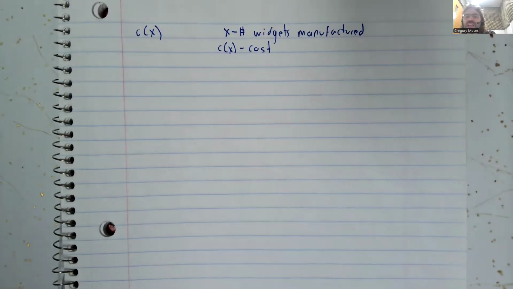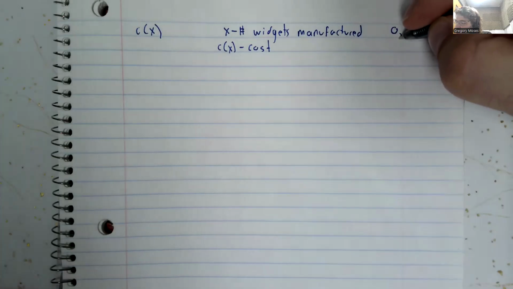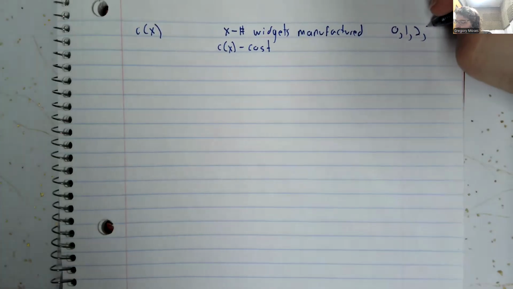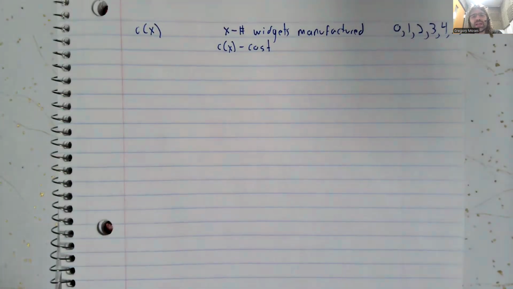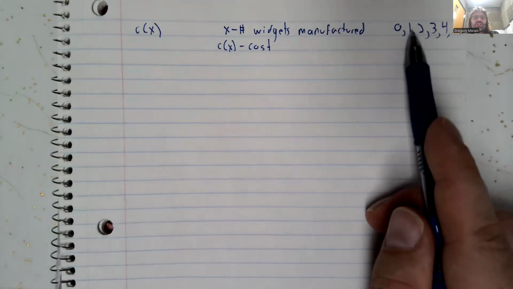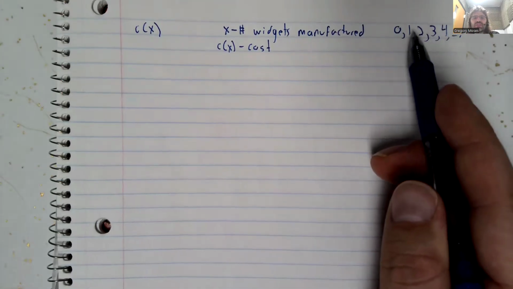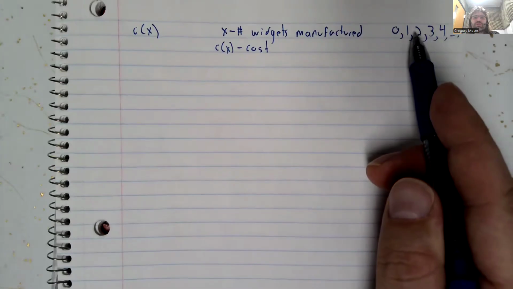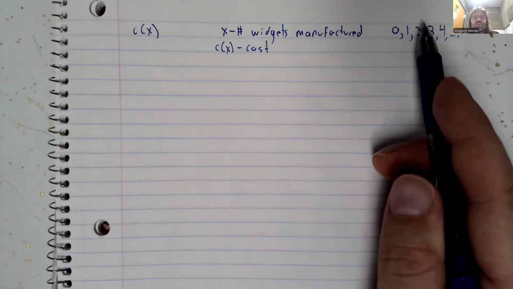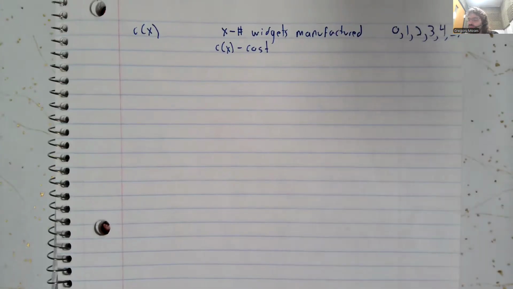Notice that in this application, it only makes sense to talk about X being a natural number, because we cannot manufacture and sell half a widget, for example. Often when we do calculus, we quietly ignore restrictions like this, but here we're going to take it seriously and see where it gets us.